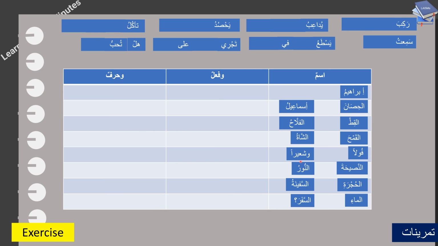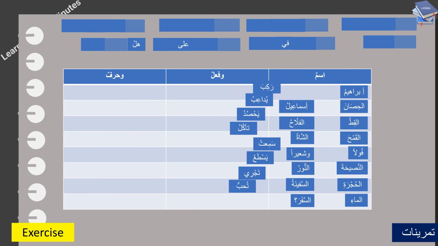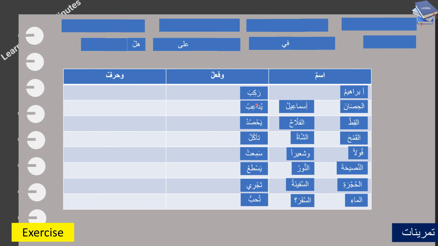Now let's find the af'al: rakiba, yuda'ibu, yahsudu, ta'kulu, sami'tu, and so on. And we only have three, to be honest with you, harf: في على هل.